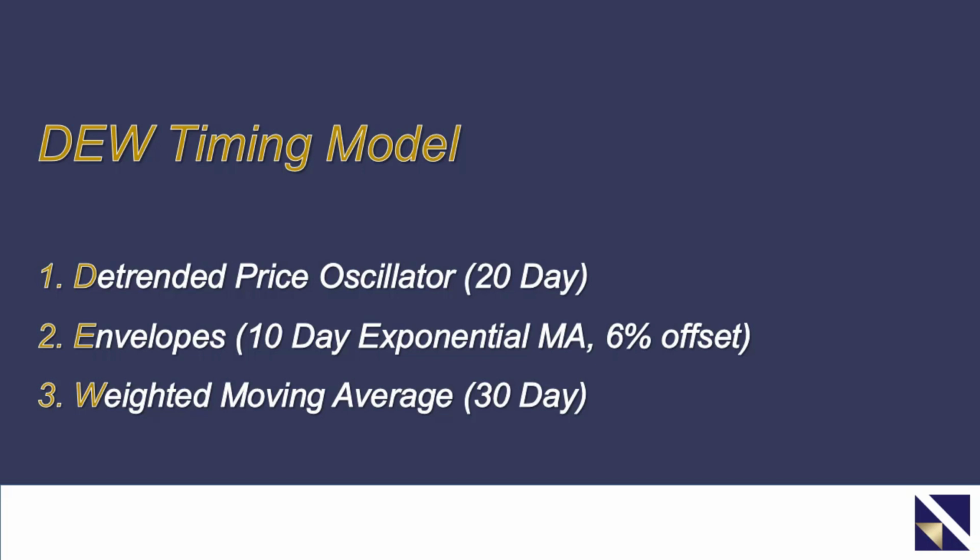And number three, the weighted moving average, which assigns a lot more weight to the most recent data. So it is quite a bit more reactive to the more recent data than simple moving average, not quite as reactive as the exponential moving average. And the reason is the way the weighting is assigned.